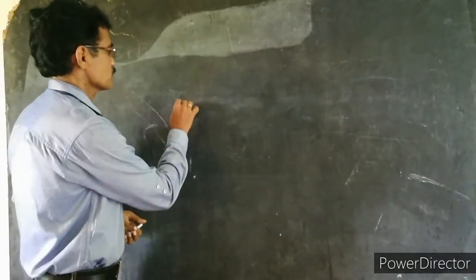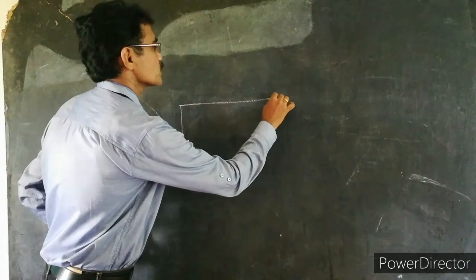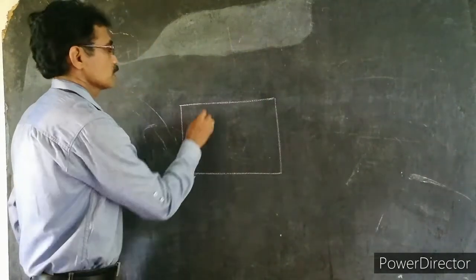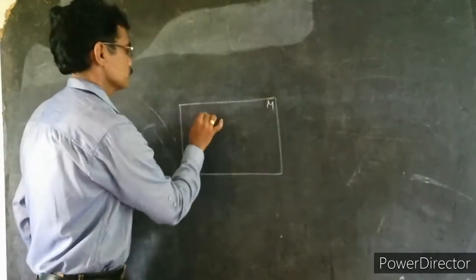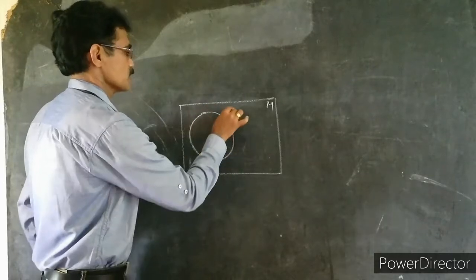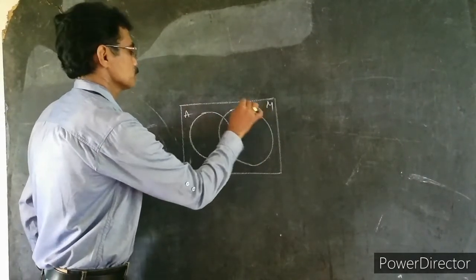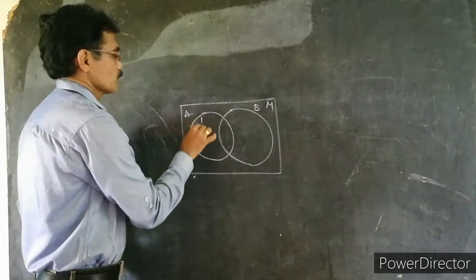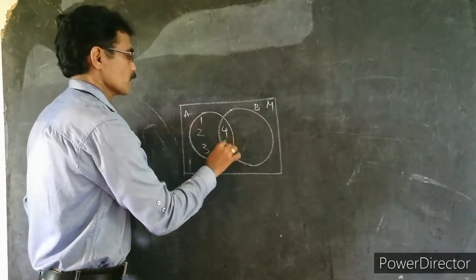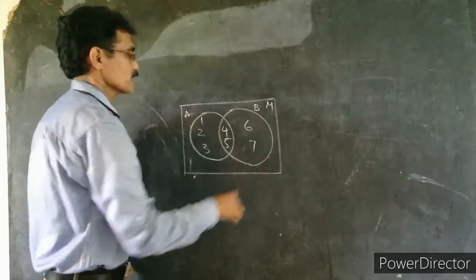So for the same sets, this is mu, this is set A and this is set B. 1, 2, 3, and there are common elements 4, 5 and the remaining elements 6, 7.